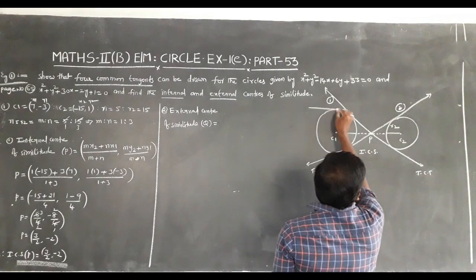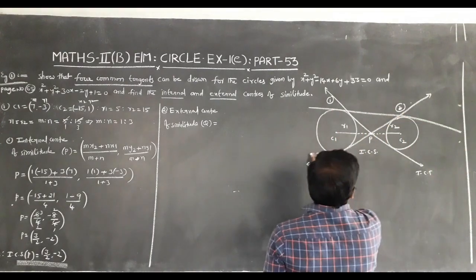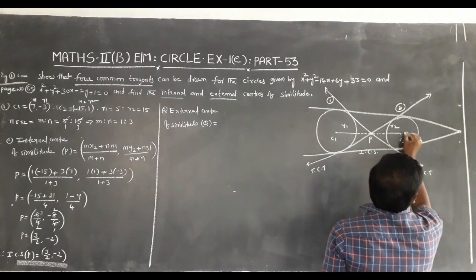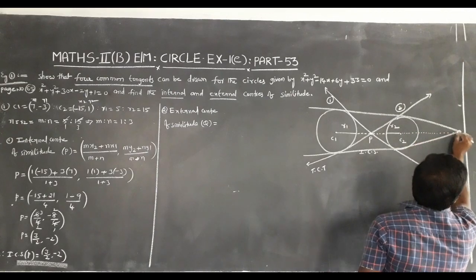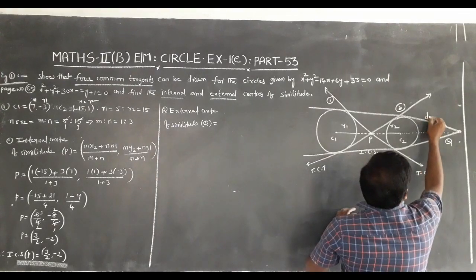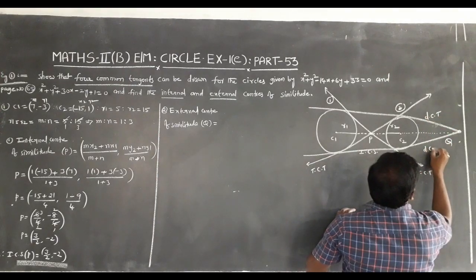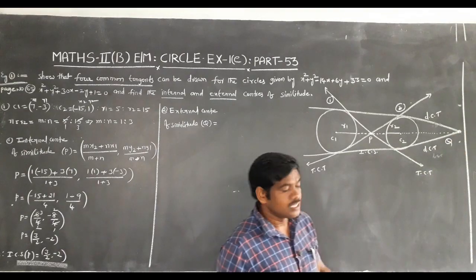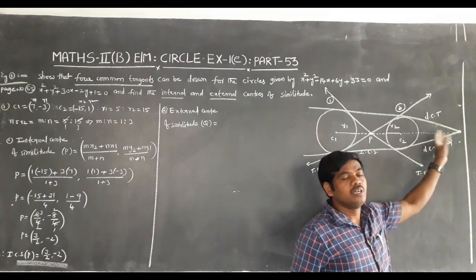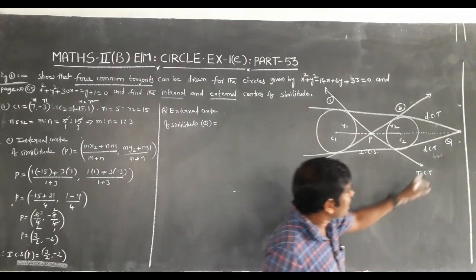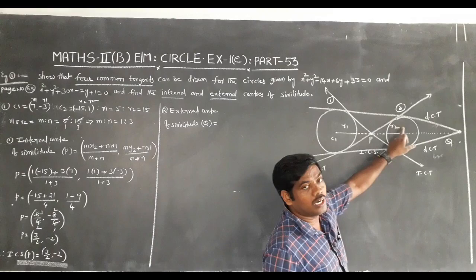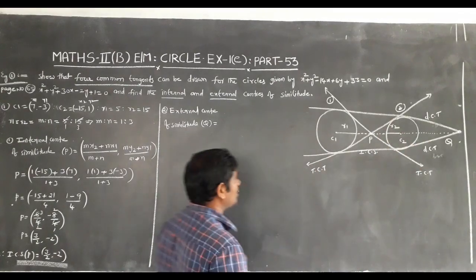The pair of common tangents that intersect the extended line segment C1 C2 are called the direct common tangents. The point of intersection of the direct common tangents is called the external center of similitude. Here, Q divides the line segment C1 C2 in the ratio R1 is to R2 externally.